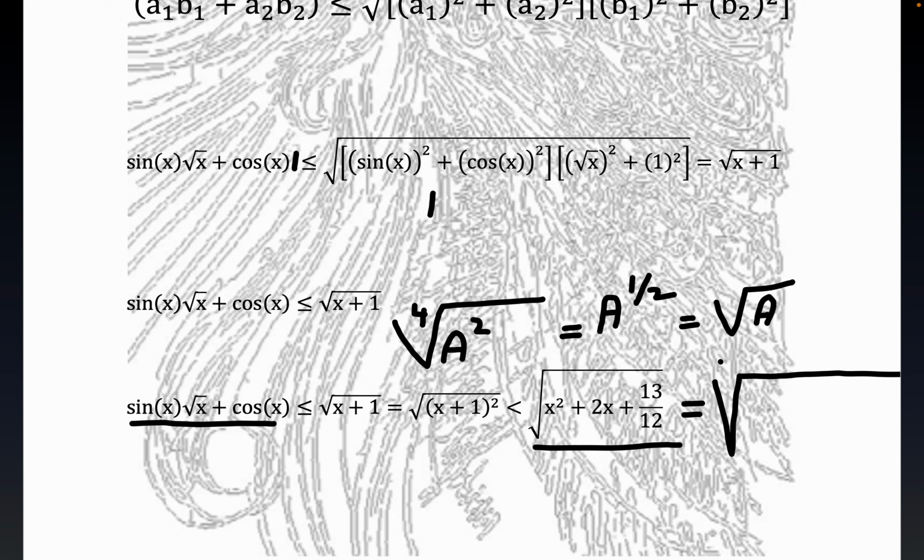We can write that as the fourth root, okay, of x squared plus 2x plus 13 over 12. Let's lift that out. Plus 13 over 12 right here.